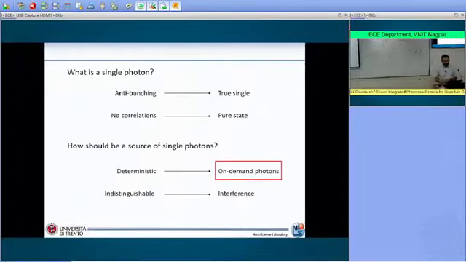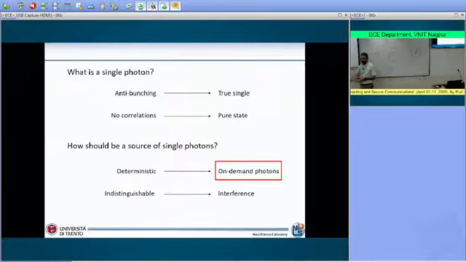So once we have defined what a single photon is, a pure state, a true single photon, we can ask: what should be the characteristics of the source of those single photons? The first desired characteristic is that we want to have the photons when we need them. The ideal single photon source should be deterministic. We press a button and then the photon is emitted.